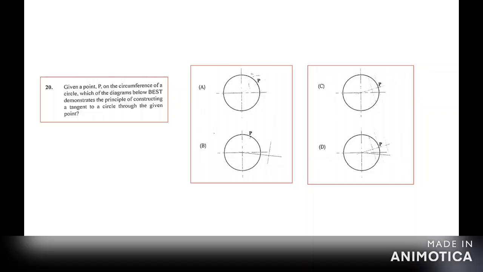Once you have the line going up from the midpoint of the circle, as you can see in A, you draw an arc where the line intersects the circumference of the circle. You draw a semicircle, and then you find the 90-degree angle of the semicircle, and that would give you the tangent.